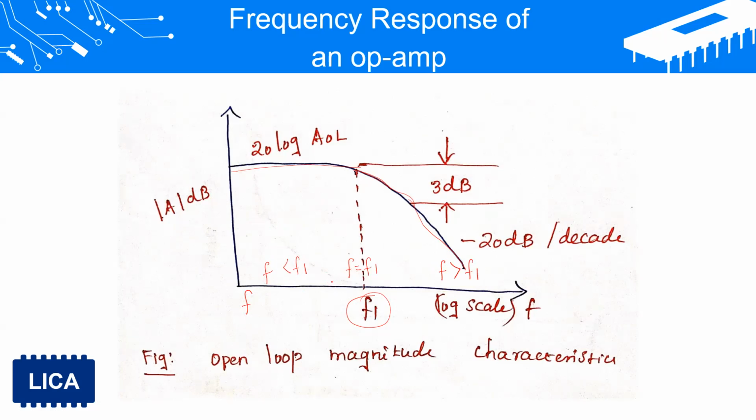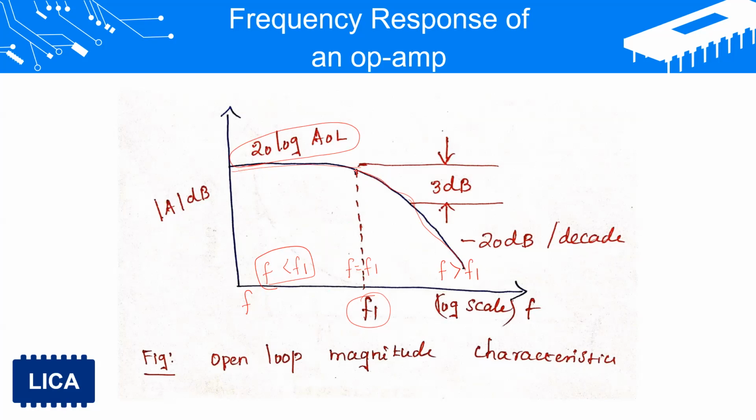The first case, f less than f1, means the magnitude of gain is 20 log AOL dB. The second case, f equal to f1, the corner frequency, means 3 dB down from AOL.